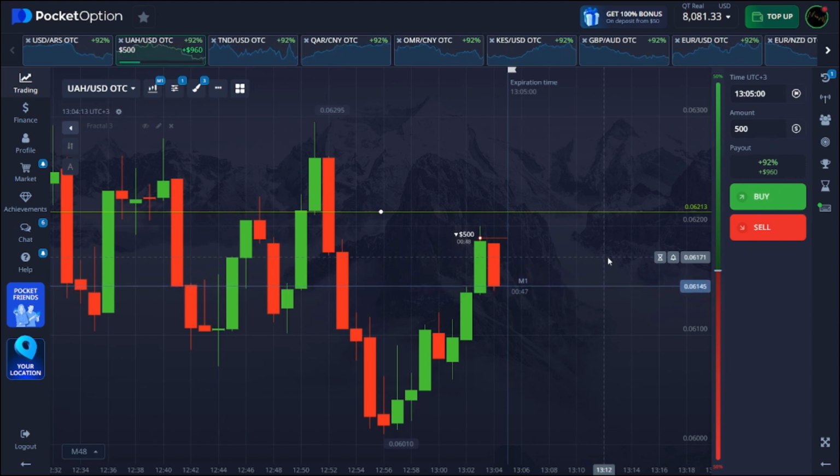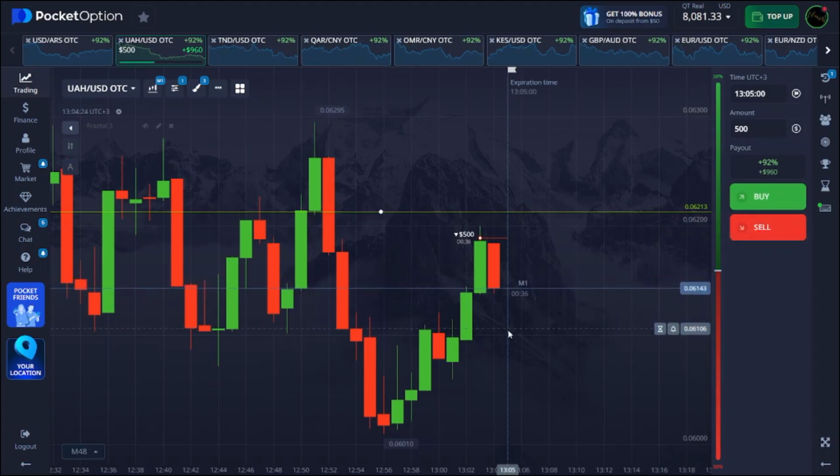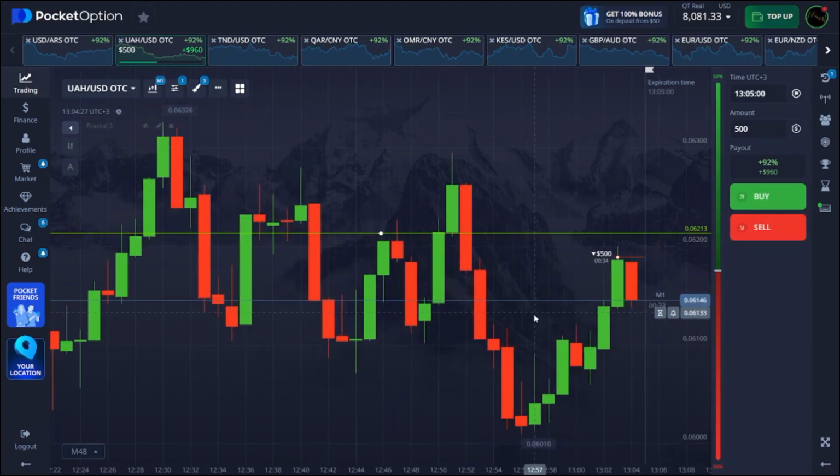Okay, let's see what happens. Wow. I wanted to take my trade right here, but I think I just took it as I was trying to scroll.